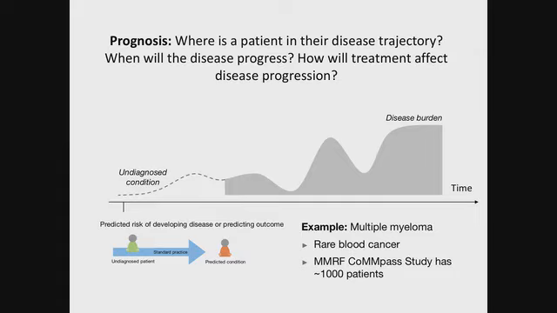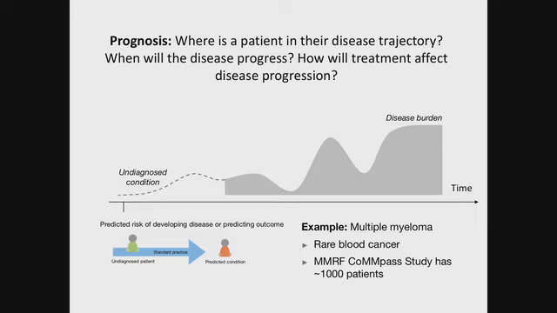And initially, that disease burden might be somewhat low, and maybe even the patient's in an undiagnosed disease state at that time. As the symptoms get worse and worse, at some point the patient might be diagnosed, and that's what I'm illustrating by this gray curve. This is the point in time at which the patient is diagnosed with their disease. At the time of diagnosis, a variety of things might happen.